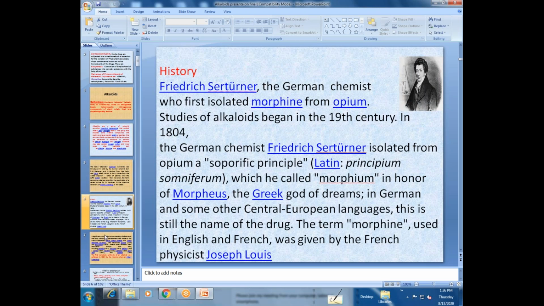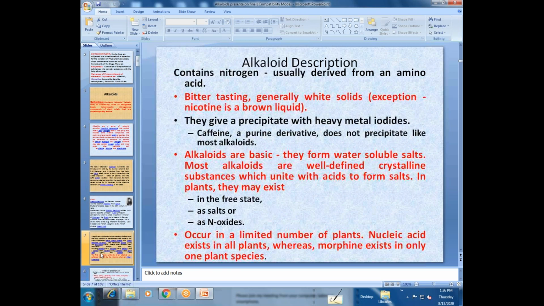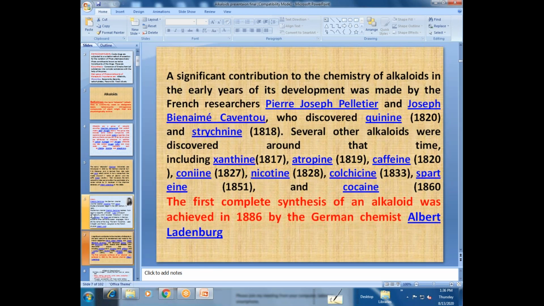So how can you define the alkaloids now? These are the alkali-like substances.